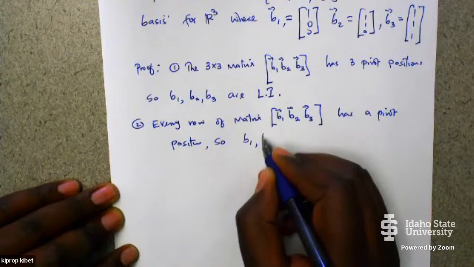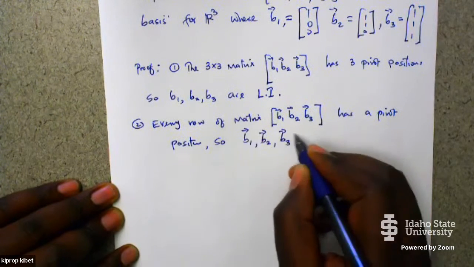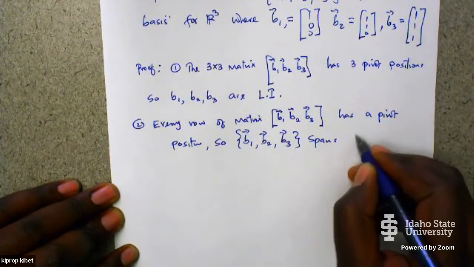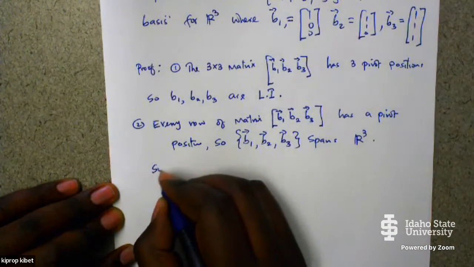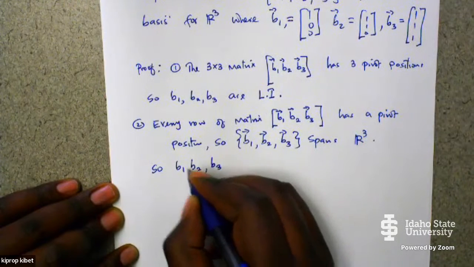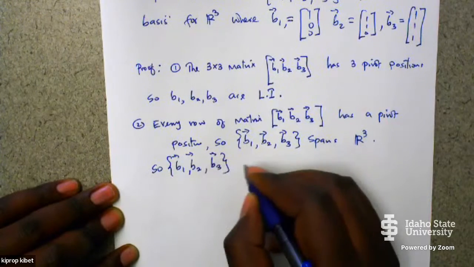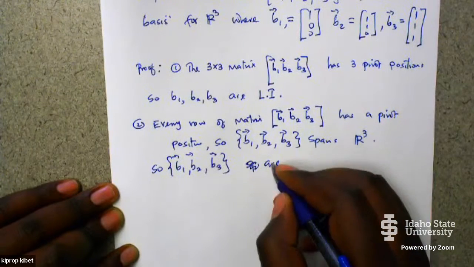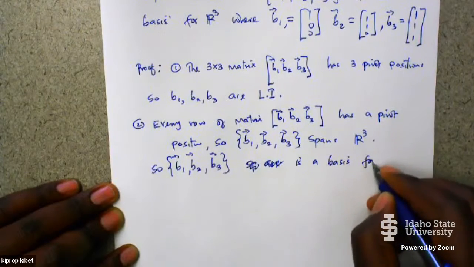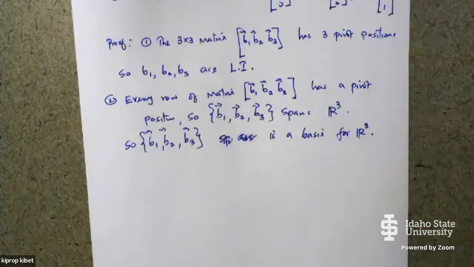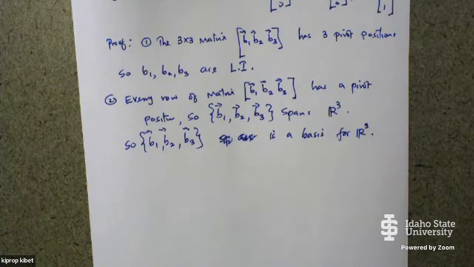Don't forget these are vectors. So B1, B2, B3 span R3, and so B1, B2, B3 is a basis for R3. Any question after that?